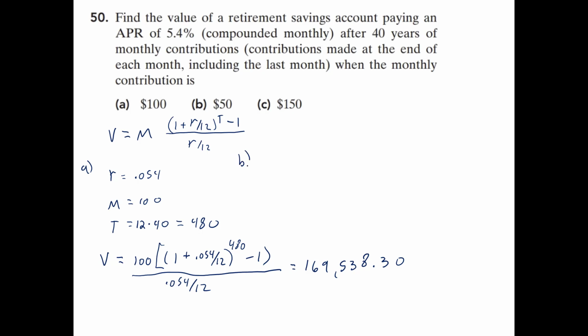Now in part B, the only thing that changes is now you're only making half the contribution, and so now your monthly payment is $50. If you look back, your answers need to make sense.